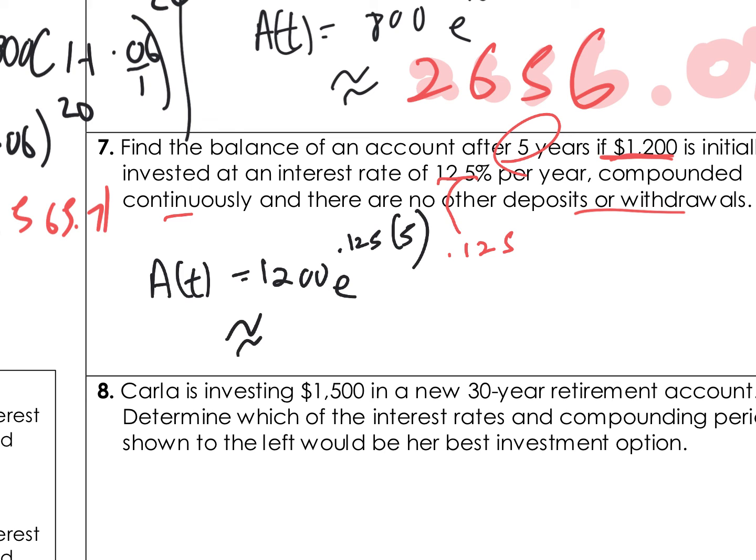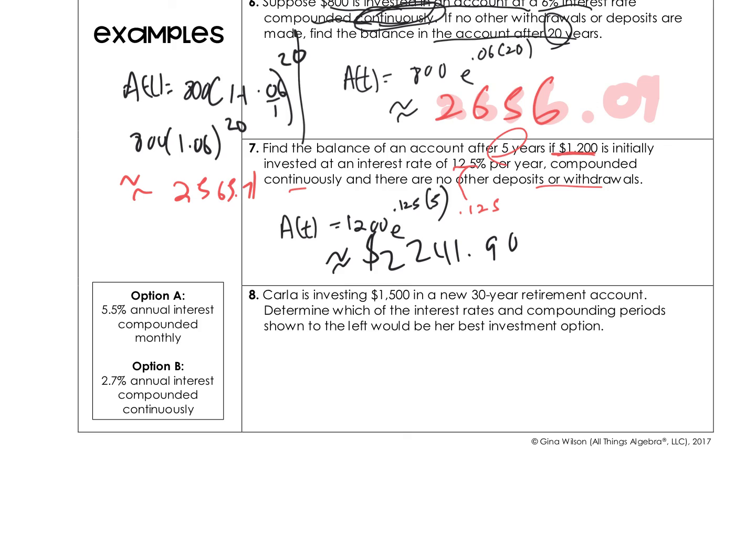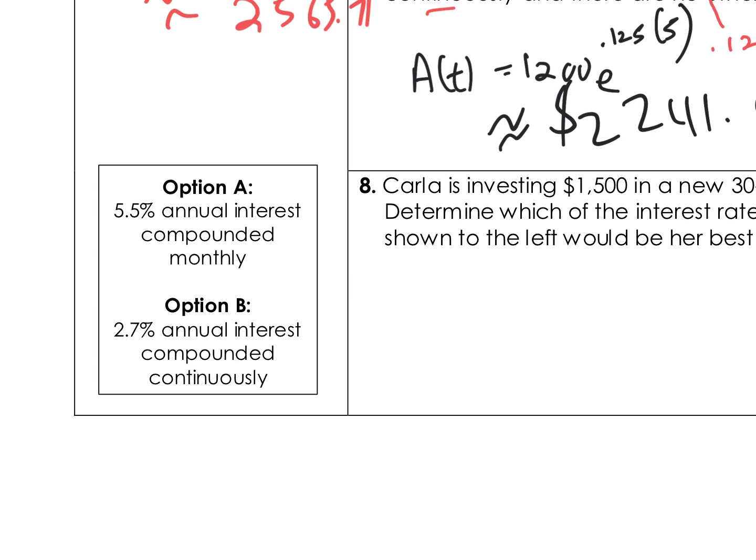So the approximate answer is, help me out here, $2,241.90. All right. Good enough.